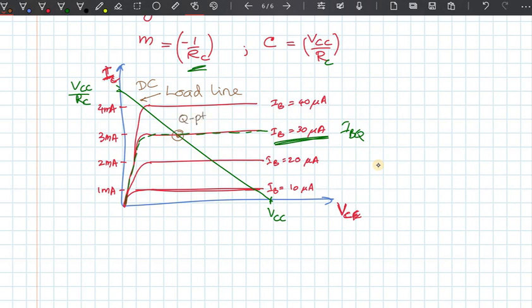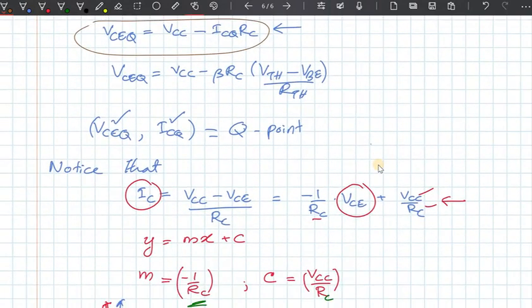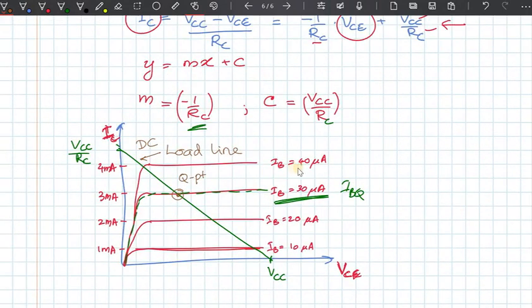So what this means is, even without going through any of these calculations, I could have found this Q point graphically if I knew my transistor characteristics and my RC and VCC. If I know RC and VCC, I know the load line.